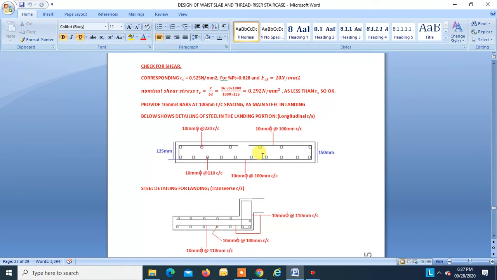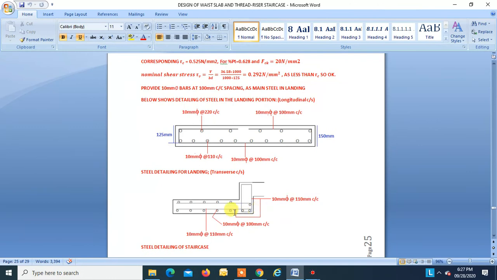Okay, so this is the longitudinal section, and this is the transverse cross section of the landing.